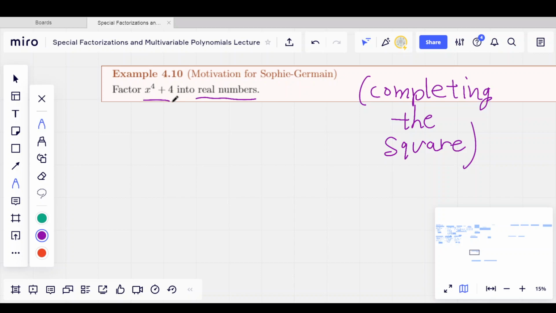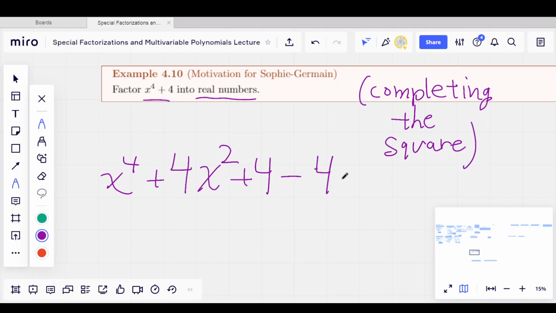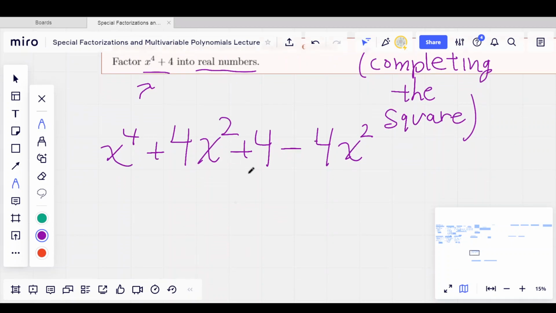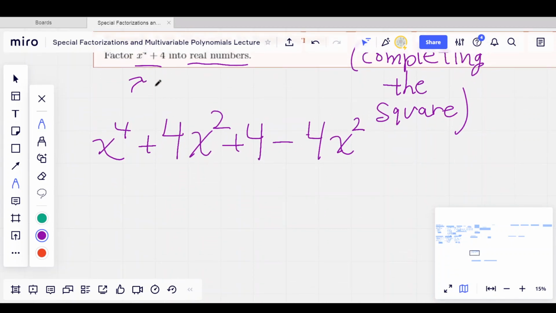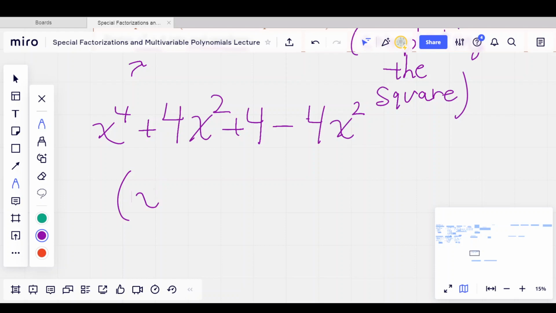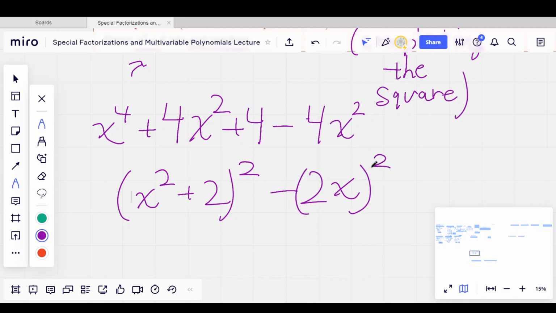You purposely make this thing a square by adding or subtracting a term. So here I would just add 4x squared here. And then now you have to subtract 4x squared because you added it here. So you add then subtract the same thing. It's still this thing. So we made this a square now. This is x squared plus 2 squared minus 2x squared.